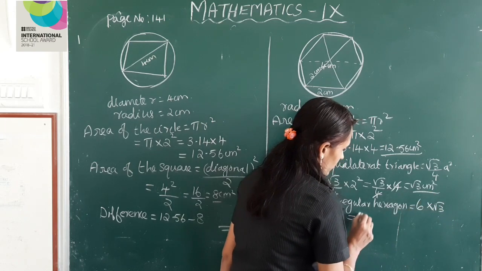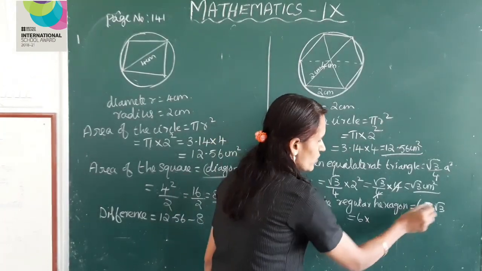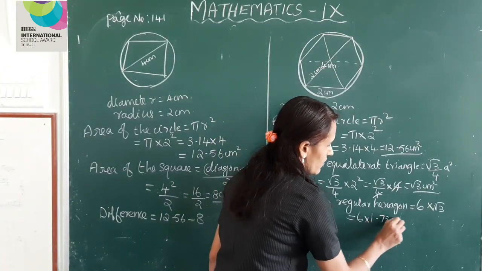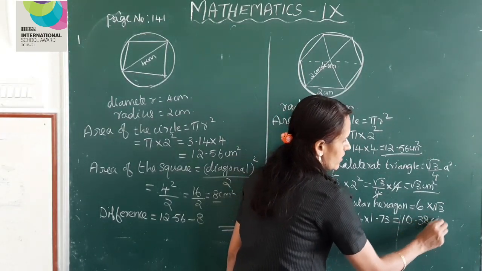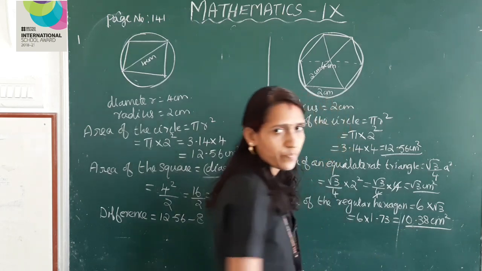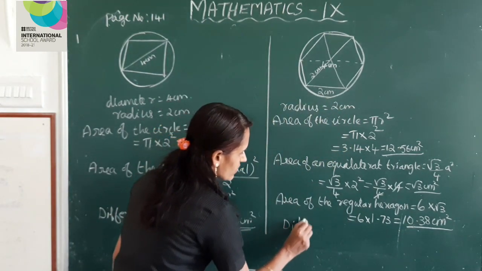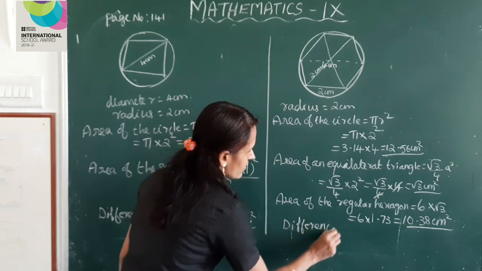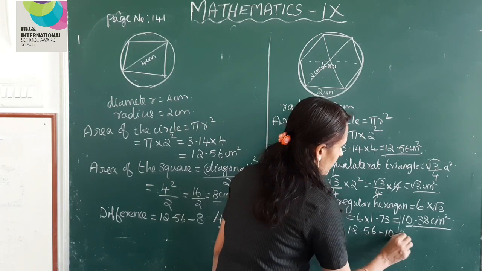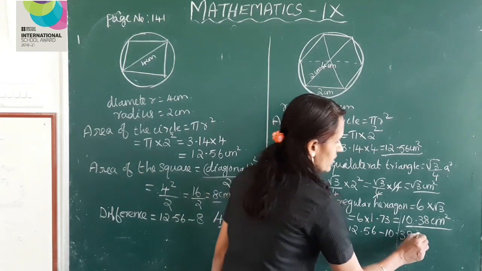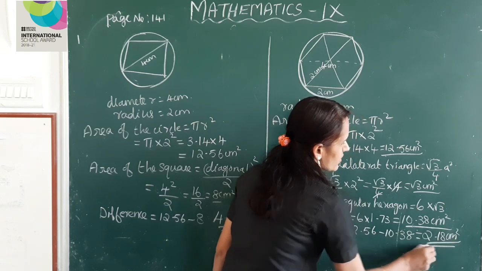So this is equal to 6 into the approximate value of root 3 is 1.73. This is equal to 10.38 centimeter square. Okay, next its difference, 12.56 minus 10.38. This is equal to 2.18 centimeter square.